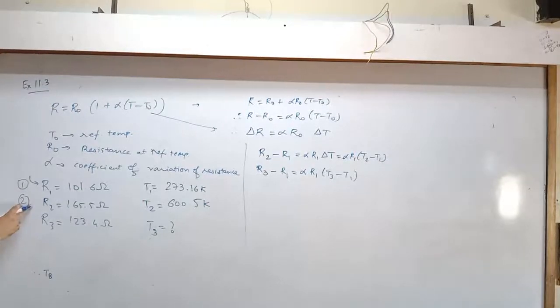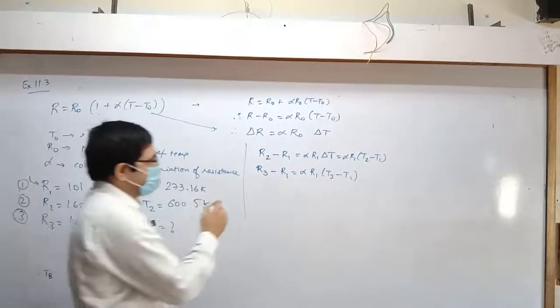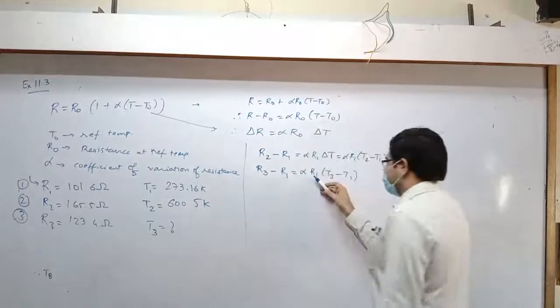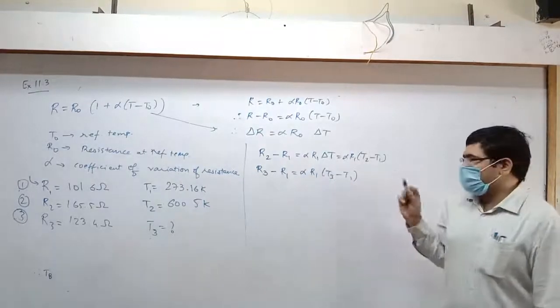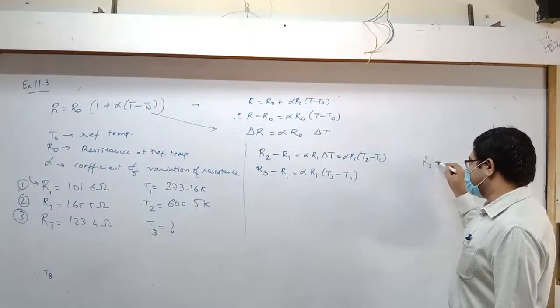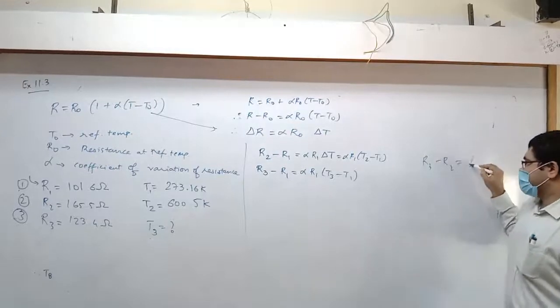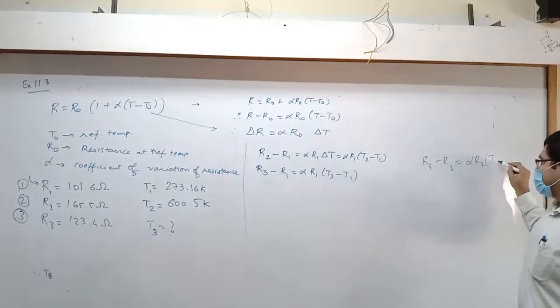If you use 1 and 2, we get R2 minus R1 equal to alpha R1 into (T2 minus T1). Okay? Just like that, if you use 1 and 3, first and third temperature, what do you get? R3 minus R1 equal to alpha R1 into (T3 minus T1). You might have a question, can't we do it like this? Can't we do it like that?